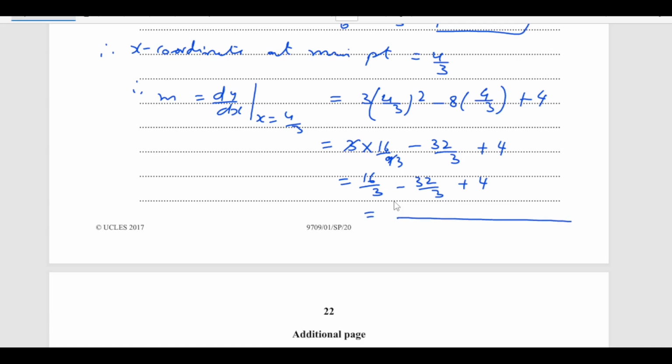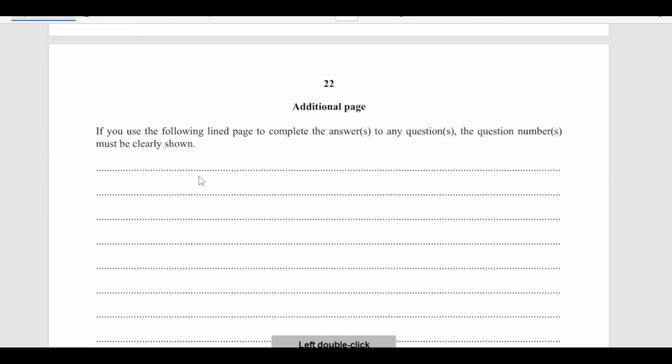So, taking LCM, we have 16 minus 32 plus 12, because 4 is the same as 12 over 3.